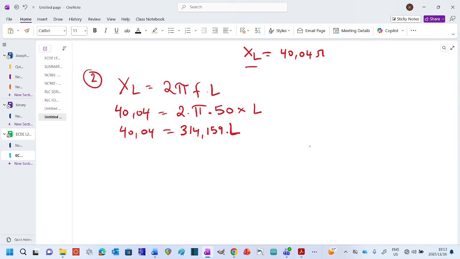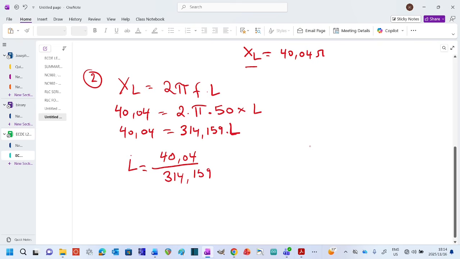If we have to calculate L, the number that is together with L is going to become the denominator. So it's going to be 40.04 divided by 314.159. This gives me 0.127.